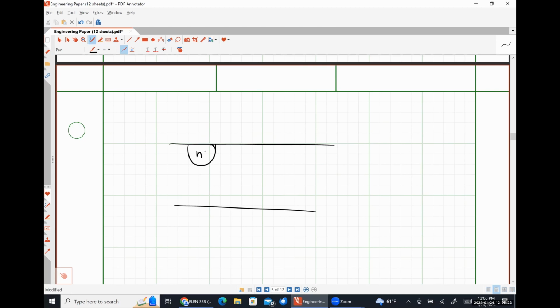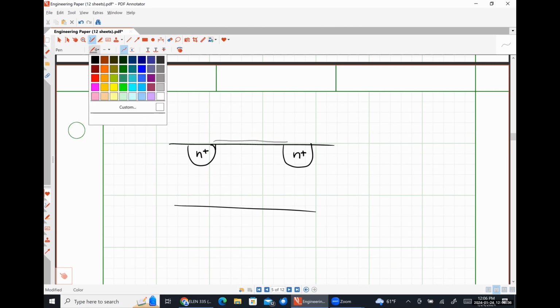Here is my N plus implant. Here's my N plus implant. That's my oxide layer.